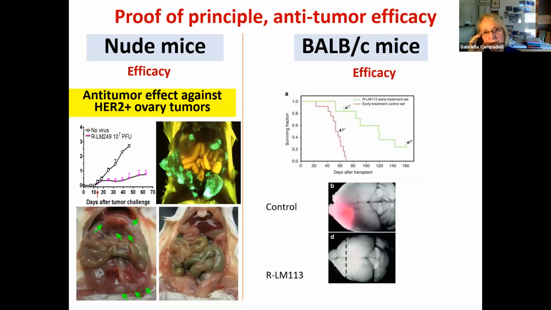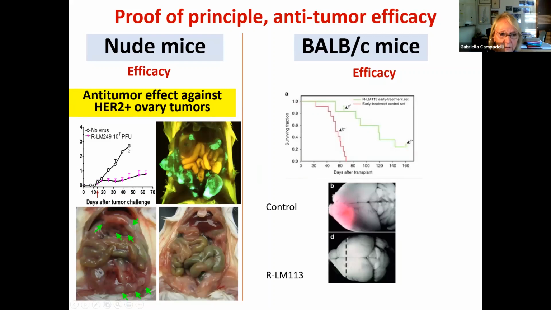The first experiments were done, of course, as it happens, in nude mice implanted with human cancer cells positive for HER2. And in this model, we provided the first proof of principle of anti-tumor efficacy.